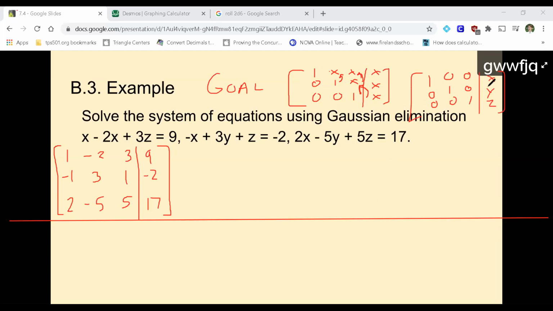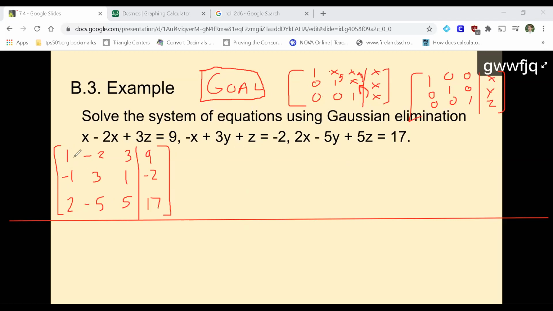So you can either back substitute or continue your elimination to fill the rest of this with zeros so that you have 1x equals whatever this number is, 1y equals whatever this number is, and 1z equals whatever this number is. All right, so that's the most important thing. Most of the people that got lost in this section last year got lost because they didn't know what the goal is. This is the goal. First, to get ones in the diagonal and zeros everywhere else.